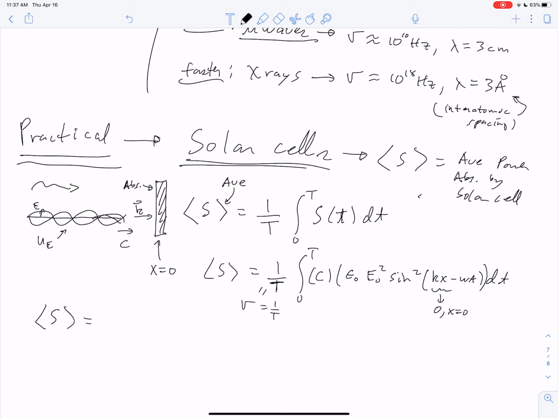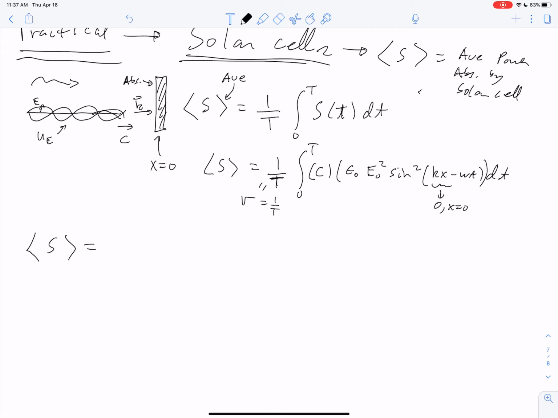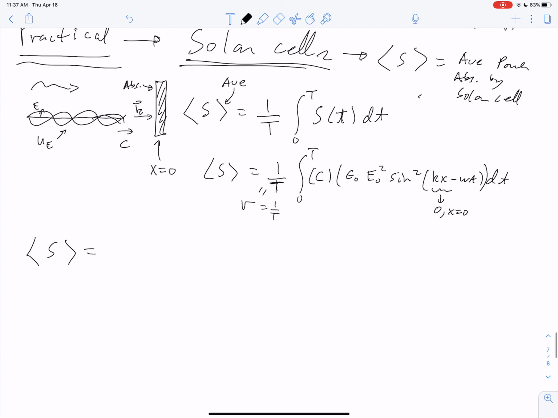So the average power is equal to the frequency of the light, and then I can pull out this constant part: c, the speed, epsilon naught, the amplitude of the electric field, E naught squared. But then I have to do this integral, 0 to T of sine squared of omega t dt.